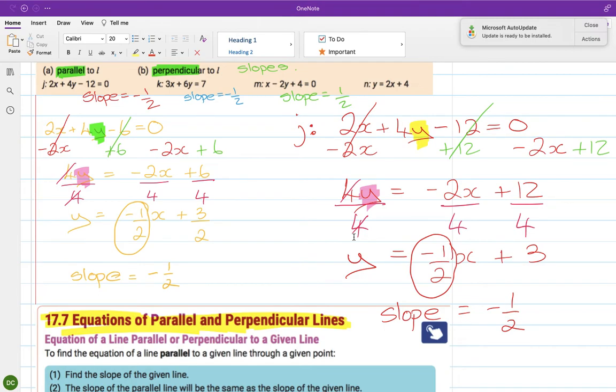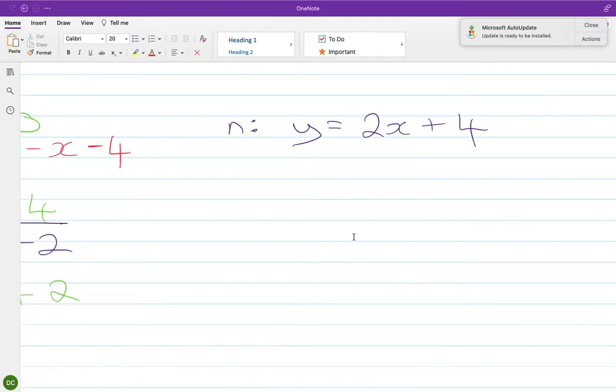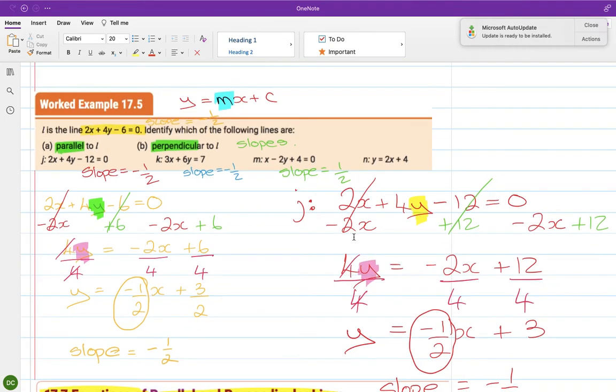So n is y equals 2x plus 4. So the job is to isolate the y. It's already isolated. So we can just take the slope from here. So the slope is 2. Back here, slope equals 2.